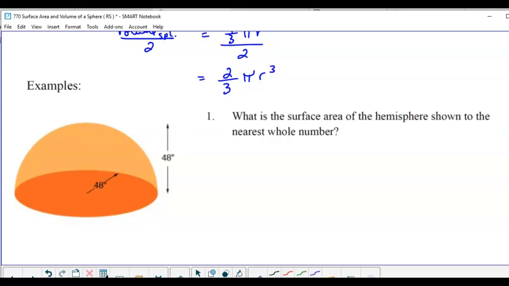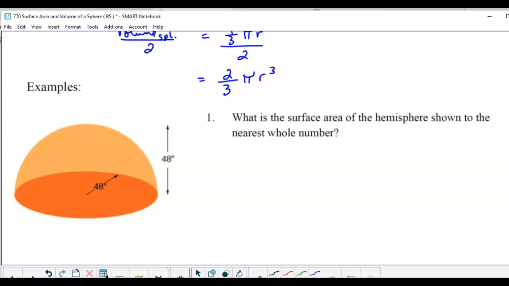And here's some examples. What is the surface area of the hemisphere shown to the nearest whole number? So those are in inches, 48. That has to be the same as this. If it's truly a hemisphere, the radius all the way around of any sphere has to be the radius of the inside circle. So surface area, if you remember, is going to be 3 pi r squared.